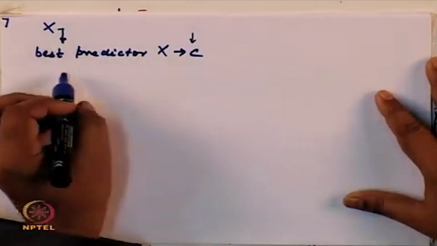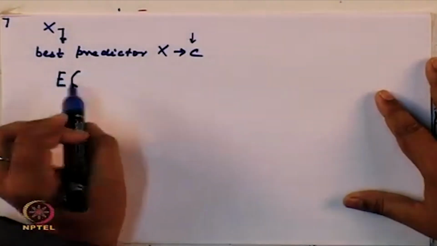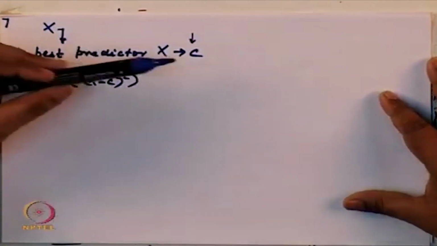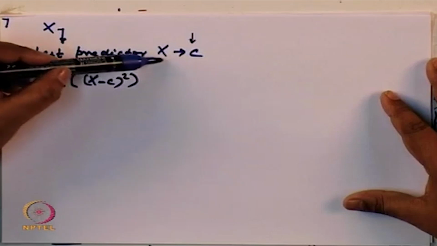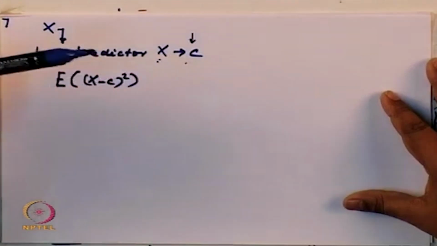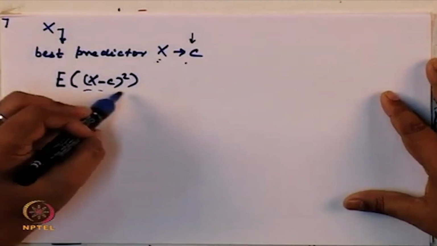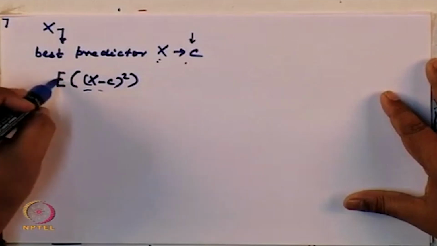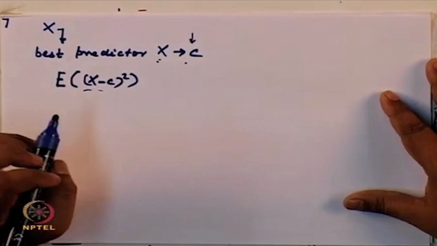In essence, we want to compute the best predictor of x. What should we do? We should minimize the difference between the value of x and the prediction. In other words, you want to minimize x minus c whole square. So, the best predictor is what will give you the lowest expected value of x minus c whole square.